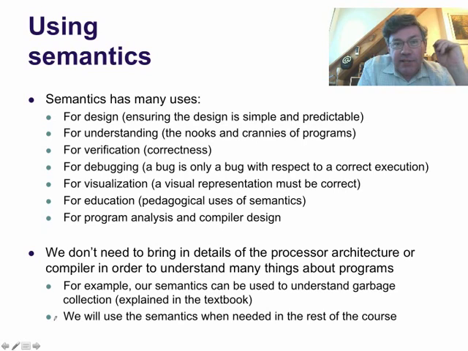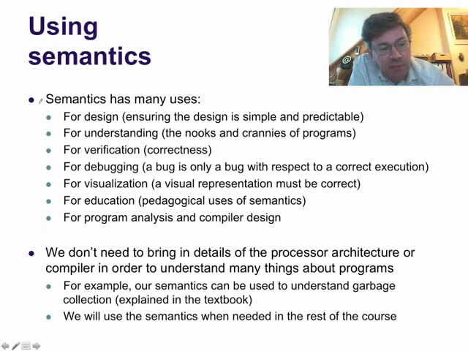So to finish this little summary of this lesson, semantics has many, many uses. So let me just briefly go over them. For design, like we saw, making the design simple, predictable. For understanding, especially the nooks and crannies. That's exactly why you need semantics. For verification, anytime you use the word correctness, it means you need semantics.